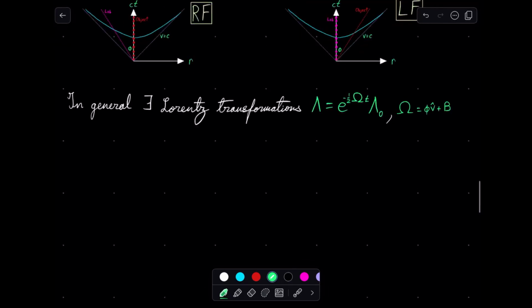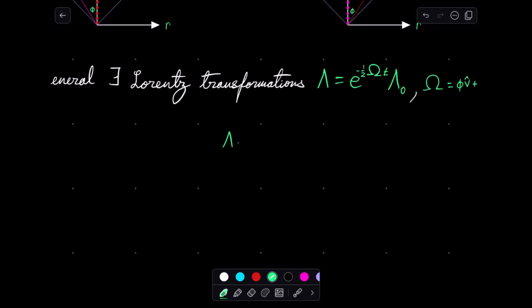So in general, there is a hyperbolic component and then a rotational component, but these do not commute. So this is not equal to RH. And this comes from the fact that when you transform an orthonormal frame through a hyperbolic rotation, that frame is no longer orthonormal.